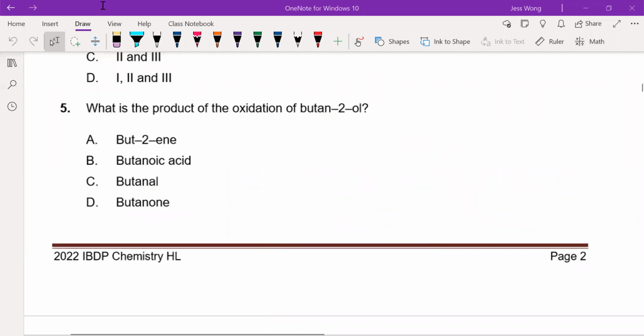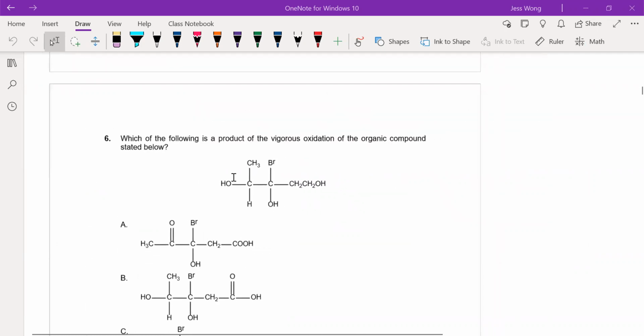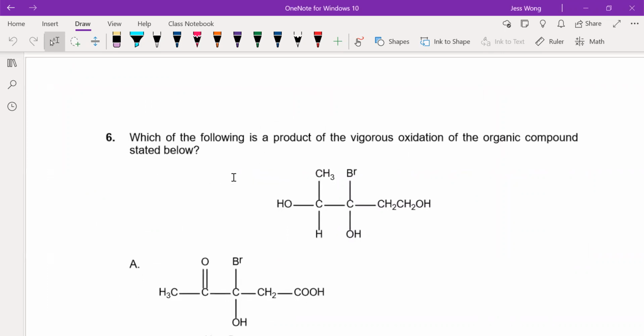Next, let's go to question 6. Which of the following is a product of the vigorous oxidation of the organic compound? So we need to classify the alcohol. So over here, look at this carbon, look at this carbon, and look at this carbon. So the first carbon over here, if you look at it, it has 1 H, right?